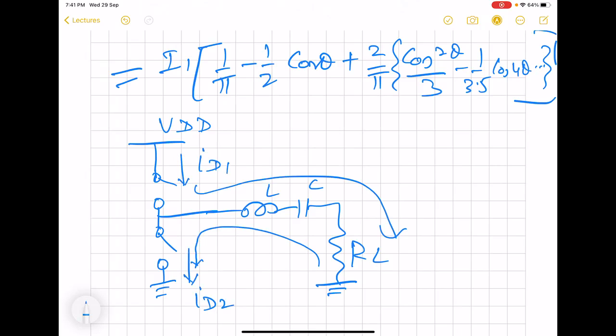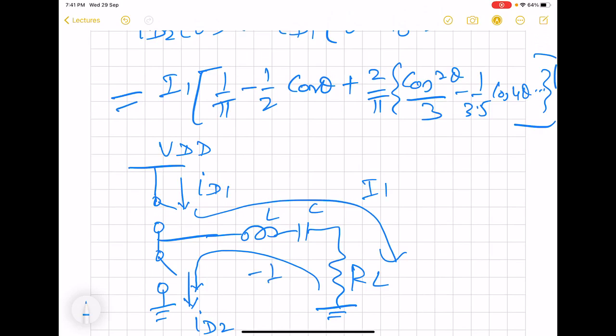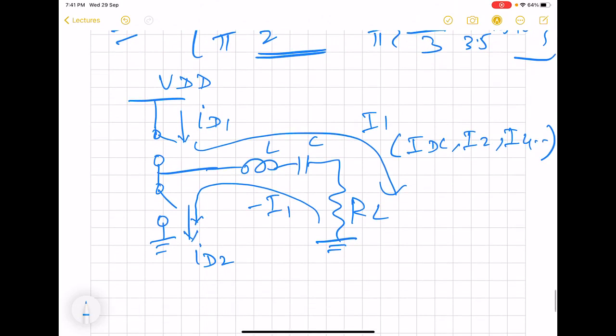So ID1 and ID2 are flowing in opposite directions through the RLC. But we found that only the fundamental has opposite sign for ID1 and ID2. The rest, DC, IDC, I2, I4, have exactly the same polarity in both cases.